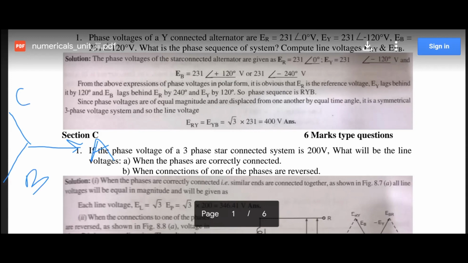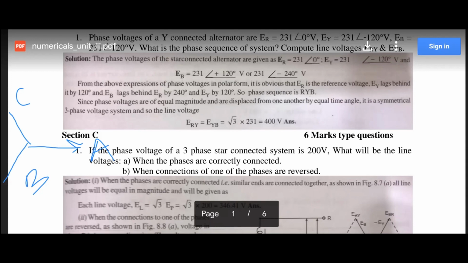Okay, so in the 2 marks type of question, what can be asked? Phase sequence can be asked. Okay, so if the phase sequence is asked, then what care do we have to take?